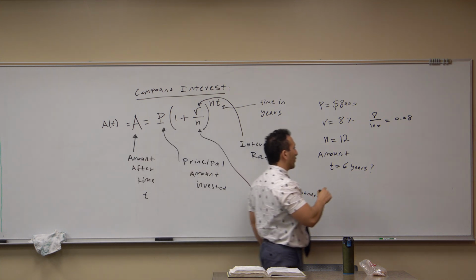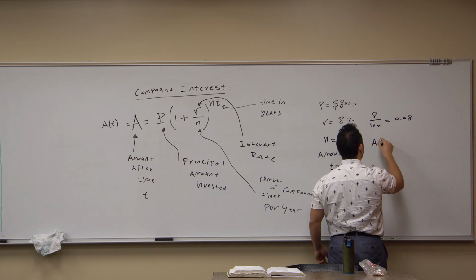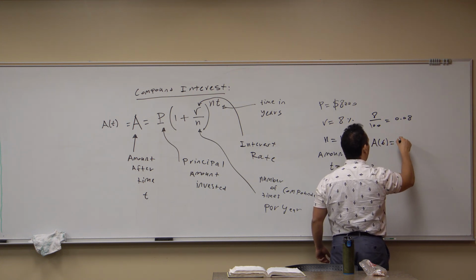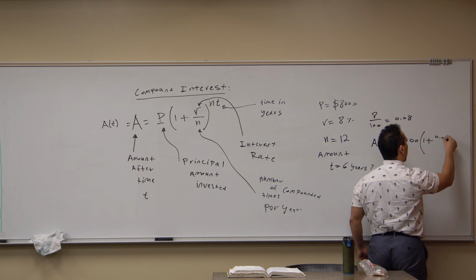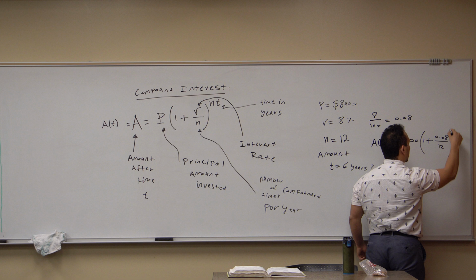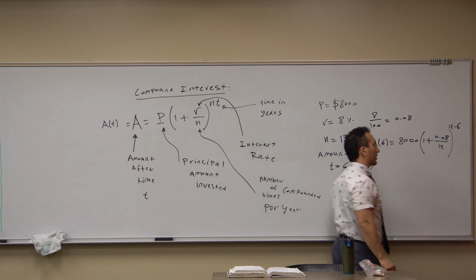Next, we just plug it into the formula. The amount after t years, A of 6, is going to be equal to 8,000 times 1 plus 0.08 divided by 12 raised to the 12 times 6 power.